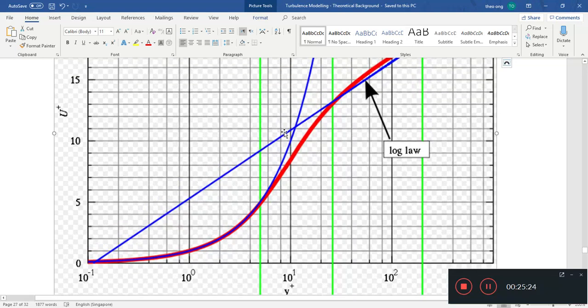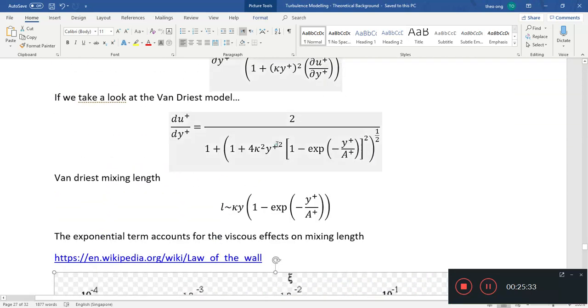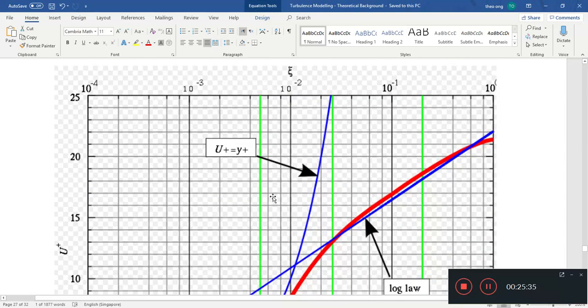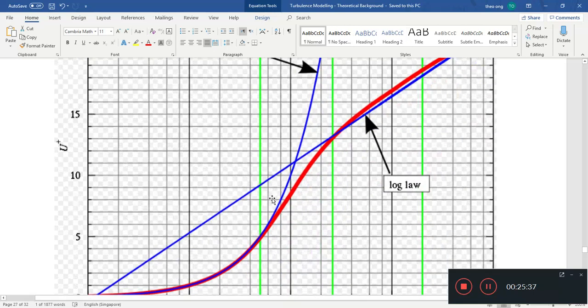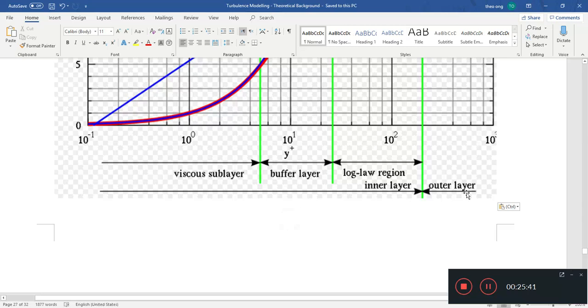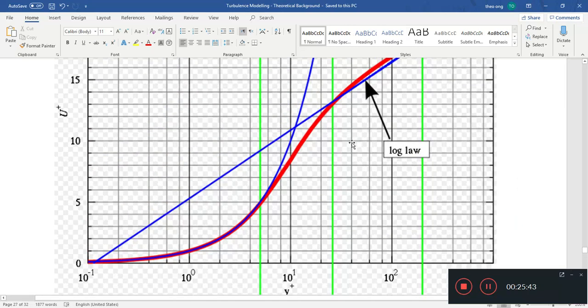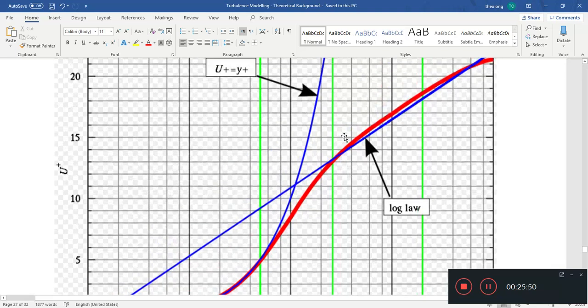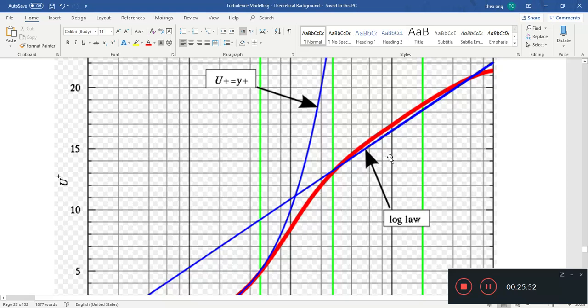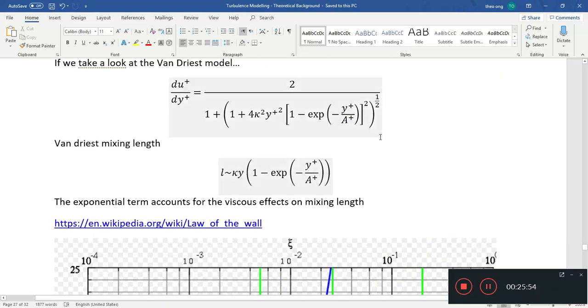But of course, there is a significant deviation from the actual experimental data. This red line is best approximated by the Van Driest model, and that's what is being used in some CFD code. This is not my image; you can find it on Wikipedia easily, but hopefully that gives you an idea of what's going on near the wall and why we have these patterns.